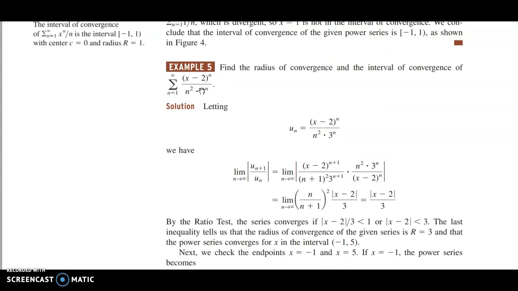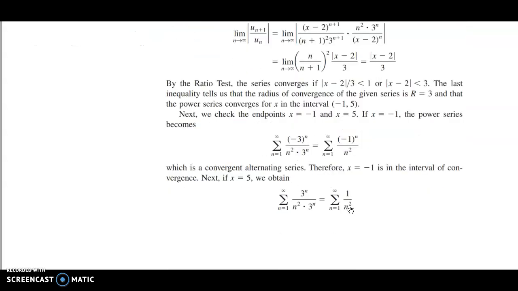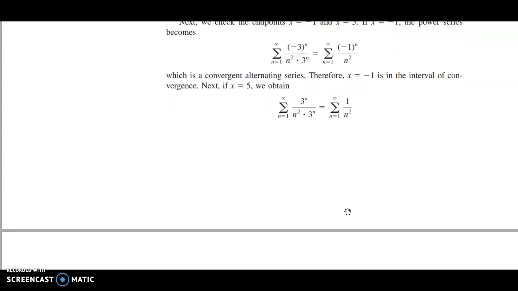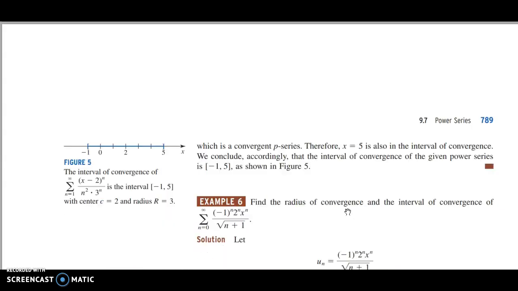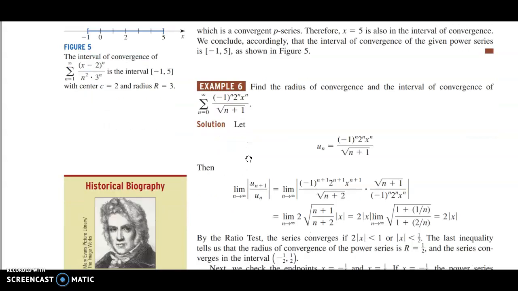So 5 minus 2 is 3 raised to n, and that will be of the form summation 1 by n square. Clearly we can say that by the p-test the series converges. So at the points minus 1 and 5, the series converges. So the series converges in the closed interval minus 1 to 5. Okay, look at the next example. Find the radius of convergence and interval of convergence of this.